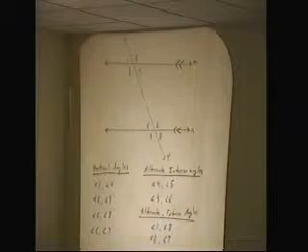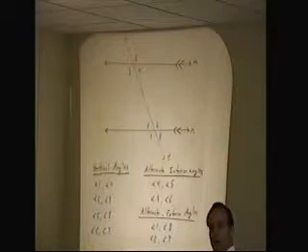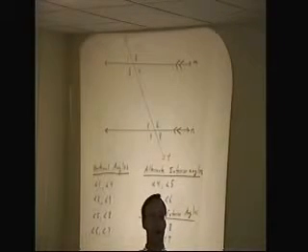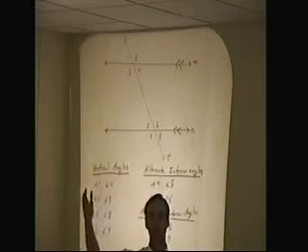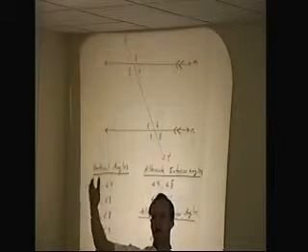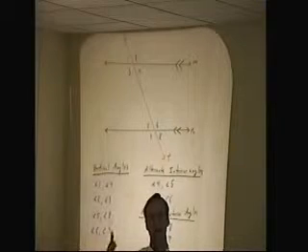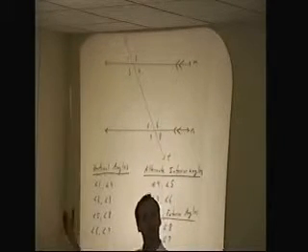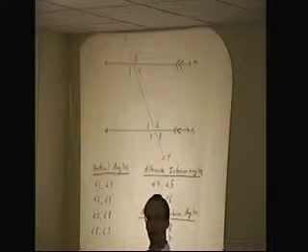Now for the easiest of all, the corresponding angles. Corresponding is kind of like when I was talking about the parts of a car. The driver's side front door and the driver's side back door, and there's a passenger side front door and a passenger side rear door.